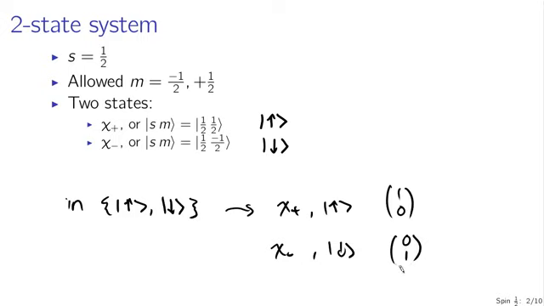If these are the vectors that we're working with, what are the operators that we're working with? Our operators are going to be things that act on these two component vectors, so they're going to be 2x2 matrices. For instance, let's consider S squared. We know what S squared does from our consideration of the operator algebra.